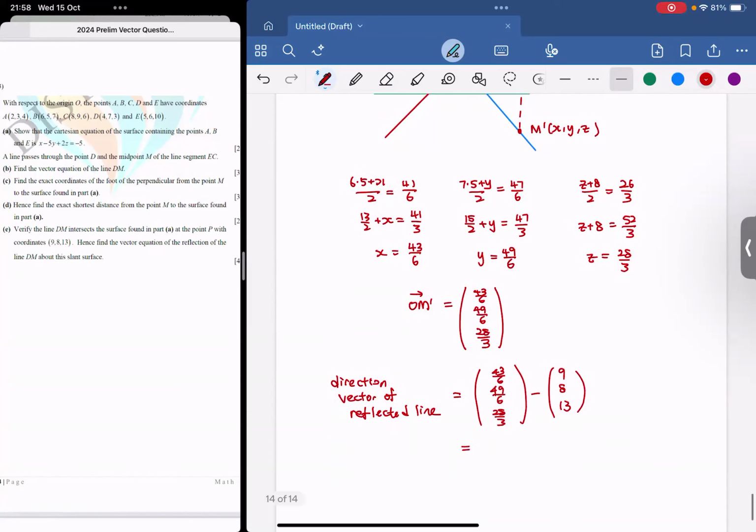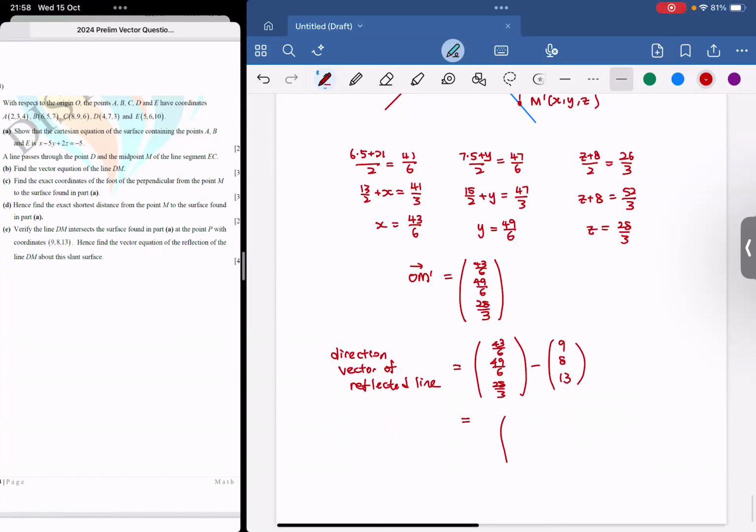Minus 54, minus 11 over 6, 1 over 6, 39 minus 11 over 6.